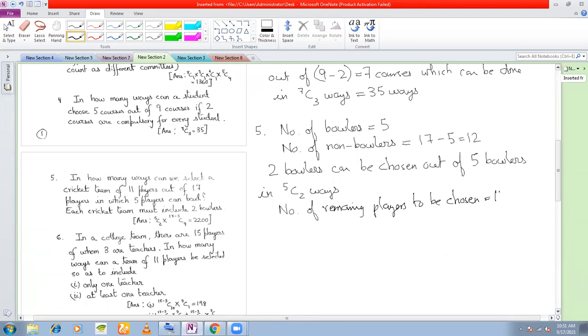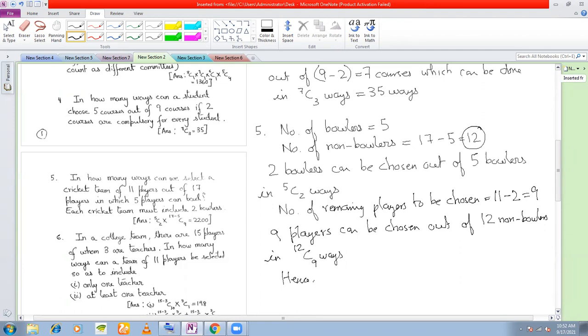You have to form a team of 11 players. So 11 minus 2. You have to choose 9 players, right? So 9 players can be chosen out of how many non-bowlers? 12. 12 non-bowlers in 12C9 ways.